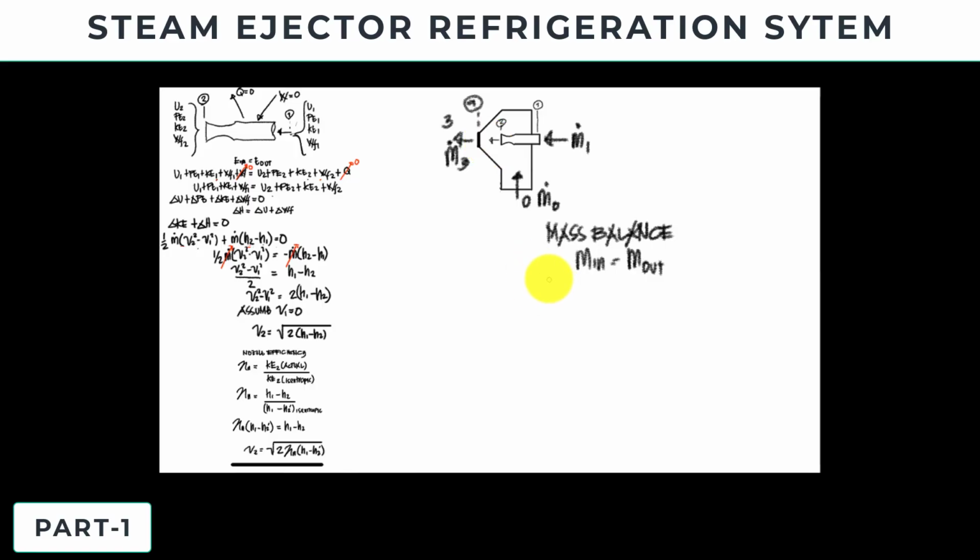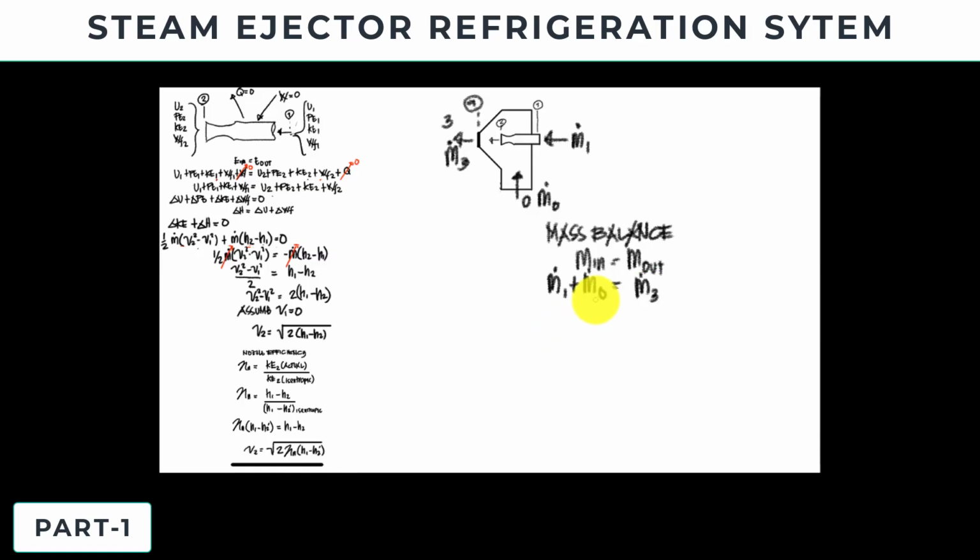So entering, mass flow rate 1 plus mass flow rate O is equal to mass flow rate 3, or it can be mass flow rate 3A.